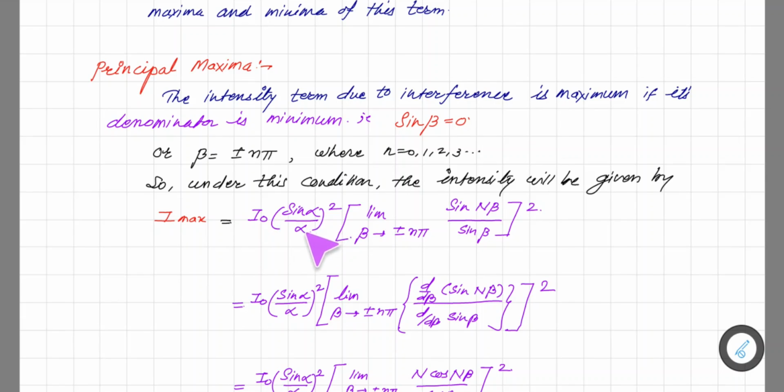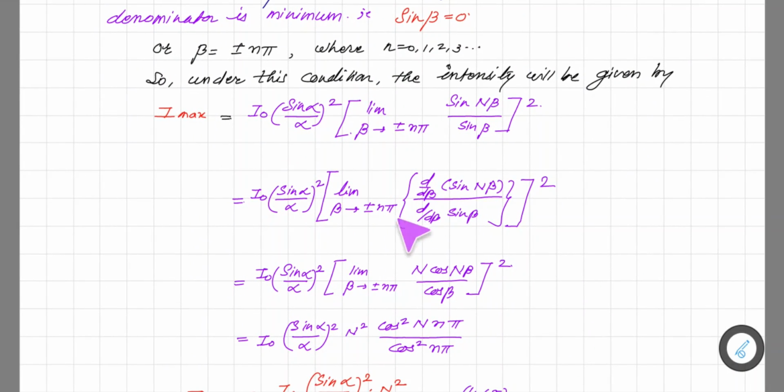I0 (sin alpha / alpha) whole square into, as limit beta tends to plus minus n pi, (sin n beta / sin beta) square. So from this, after solving using differentiation, we get I0 (sin alpha / alpha) square, as limit beta tends to n pi, d/d beta of sin n beta upon d/d beta of sin beta.